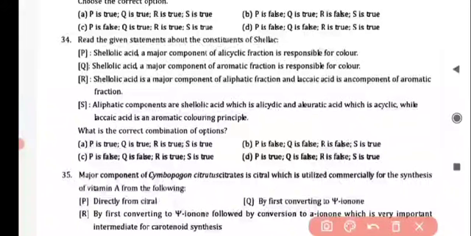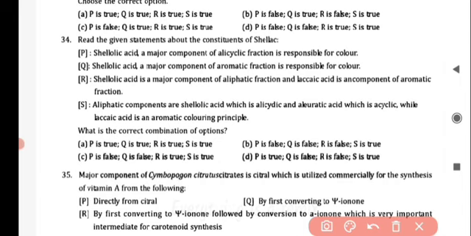Your next question is, read the given statements about the constituents of shellac. P is shellolic acid, a major component of alicyclic fraction, is responsible for color. Q is shellolic acid, a major component of the fraction, is responsible for color. R is shellolic acid is a major component of aliphatic fraction, and laccaic acid is a component of aromatic fraction.